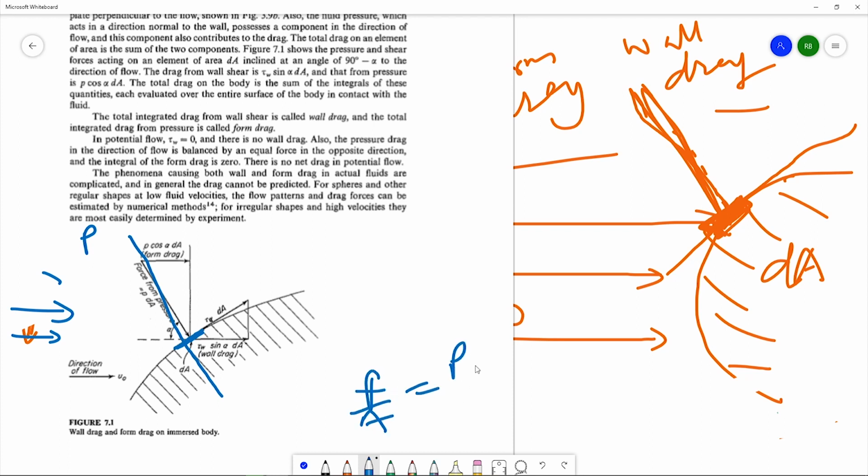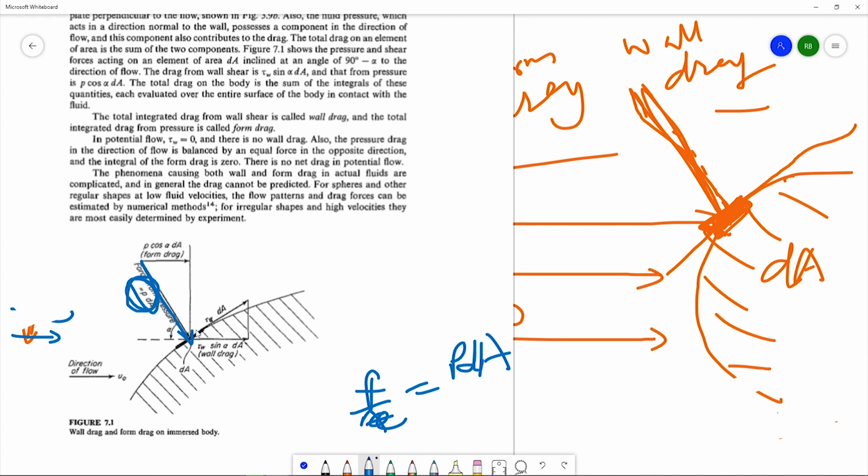Pressure is force per area, right? So force is nothing but P into A due to pressure. We have considered dA, so it will be PdA. So in this direction, we have the pressure force, PdA, because pressure always acts in the normal direction. What about shear stress?